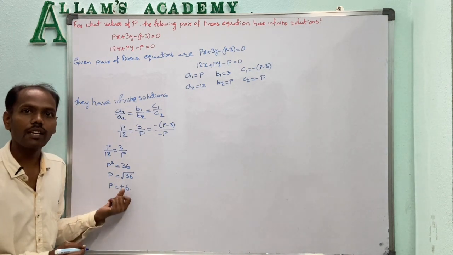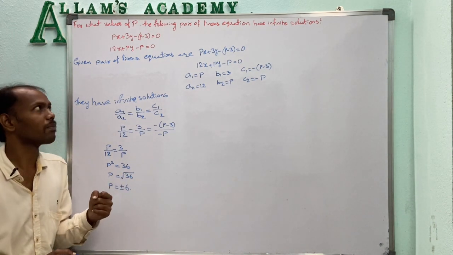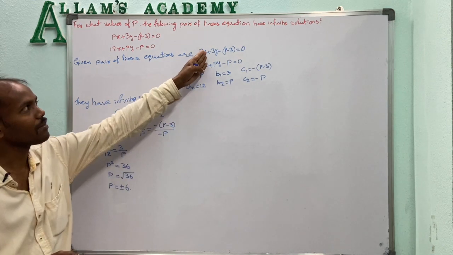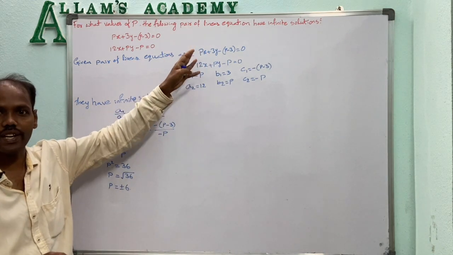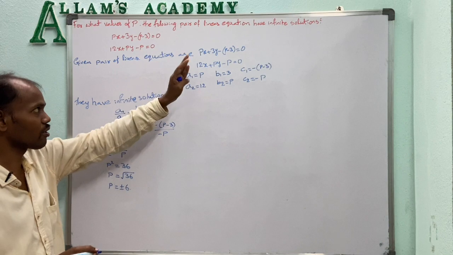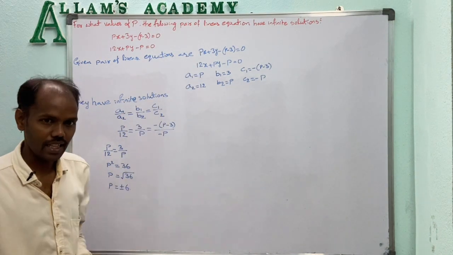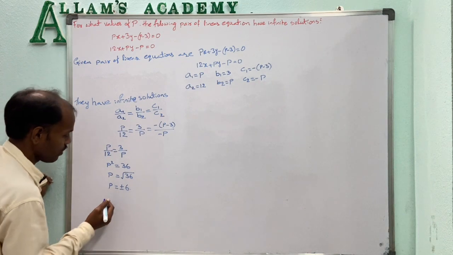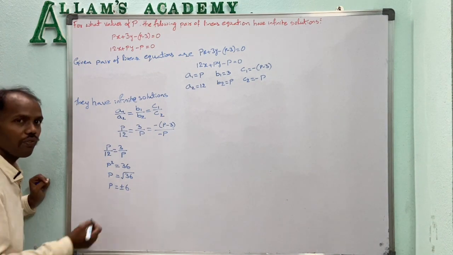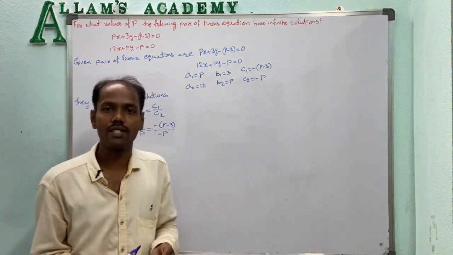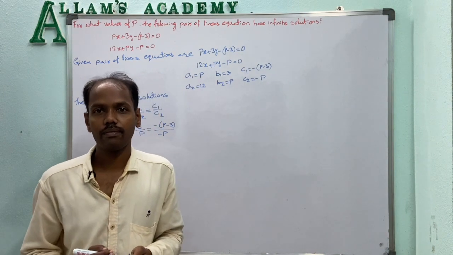Here the coefficients of the pair of linear equations may be positive numbers or negative numbers. So we can take either value for p, positive 6 or negative 6, that is correct only.